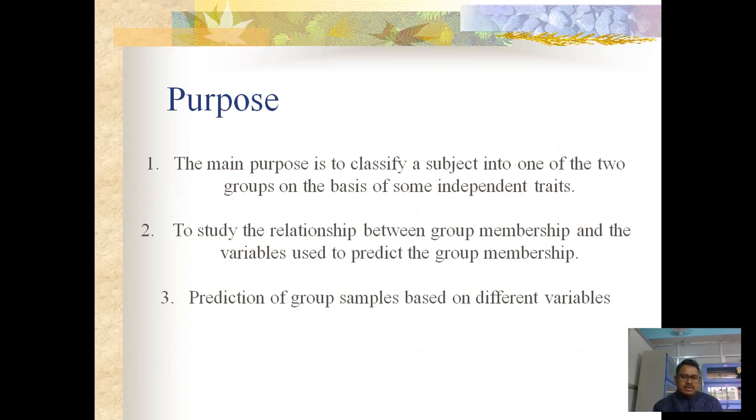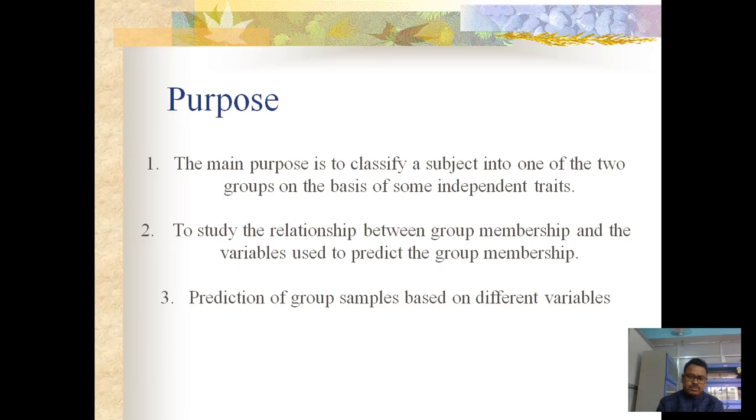Moving ahead, we come to the purpose of conducting a linear discriminant analysis. So here, the first purpose is to classify a subject into one of the two groups on the basis of some independent traits.